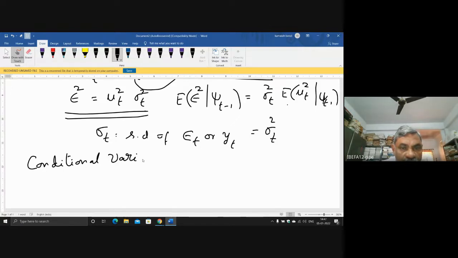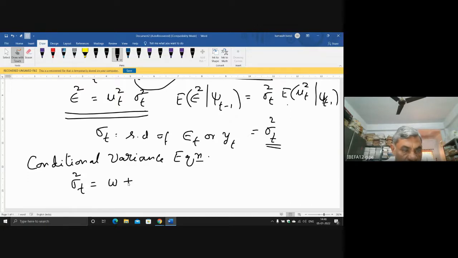This is our second equation. Okay. So what is this actually? Sigma square t is nothing but conditional variance, right? Now the question is how sigma square t evolves.